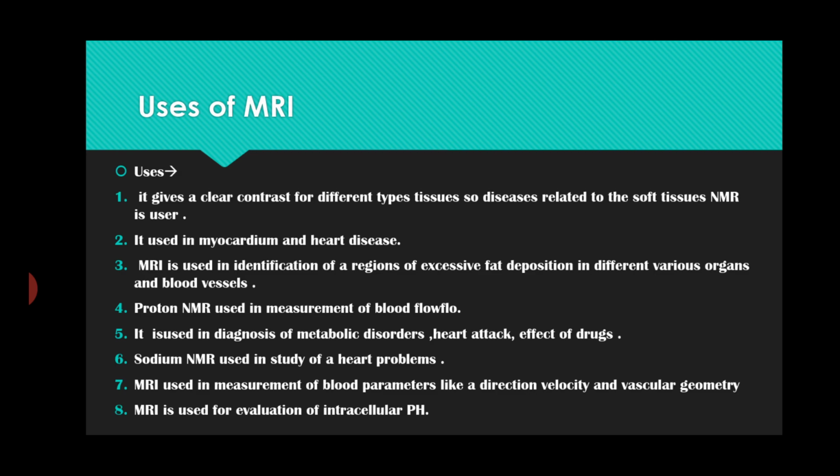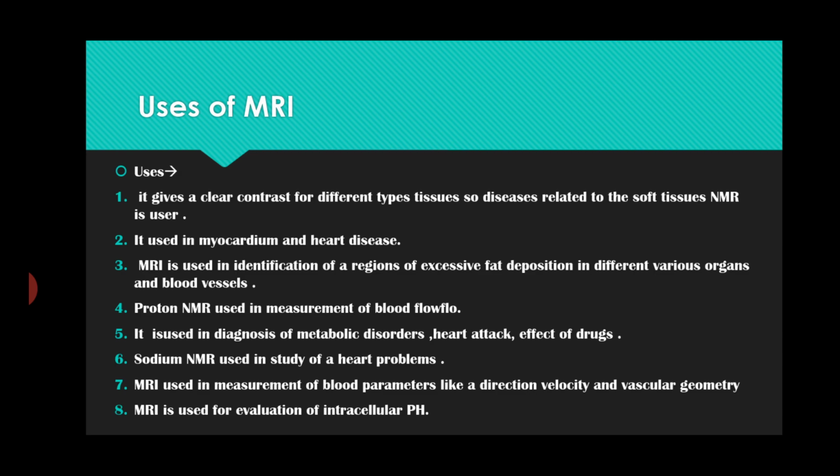Now we will see the uses of MRI. First, it gives a clear contrast for different types of tissues. So, for diseases related to the soft tissues, NMR is used. It is used in myocardium and heart disease. MRI is used in identification of regions of excessive fat deposition in various organs and blood vessels.